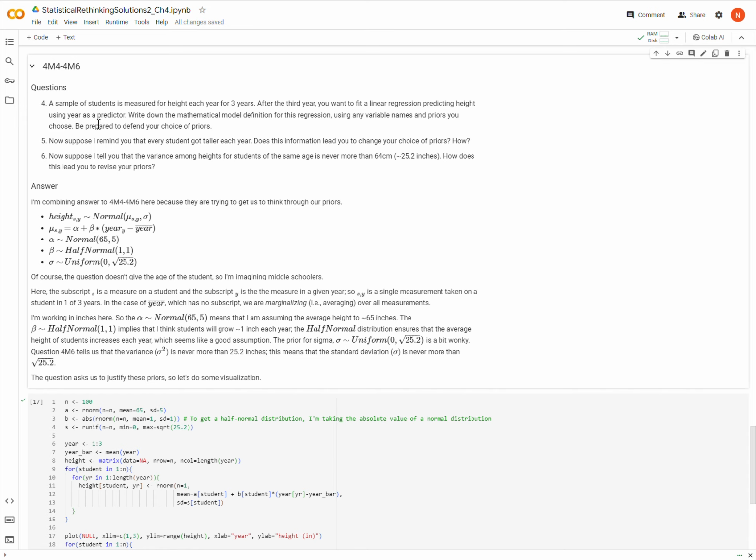And now we need to go through and defend our choice of priors. And so what this means is we need to make sure that our model is expecting to see data that it is likely to see, right? So in other words, if based on my prior distributions, my model is not expecting to see what would be very expectable heights of the students, it's going to skew the posterior distribution, right?